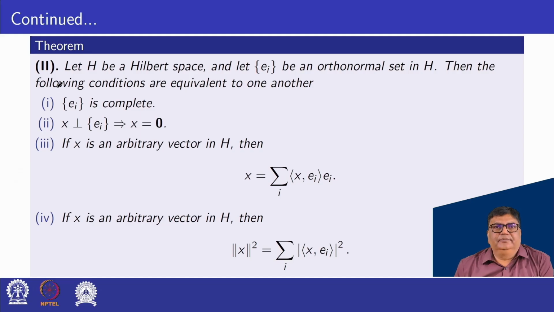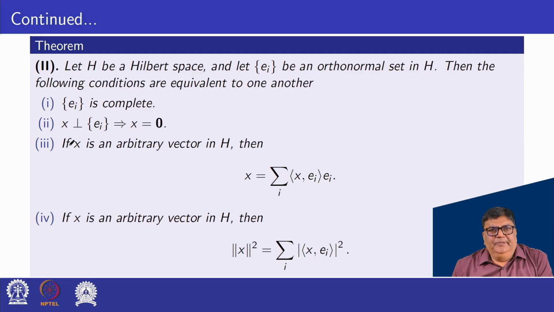Next theorem. Let H be a Hilbert space and let Ei be an orthonormal set in H. Then the following conditions are equivalent to one another. First, set Ei is complete. Second, if x perpendicular to set Ei, this implies that x is equal to 0 vector.